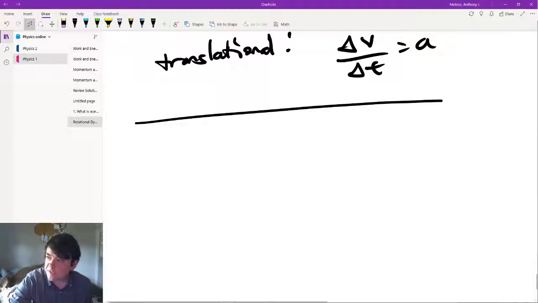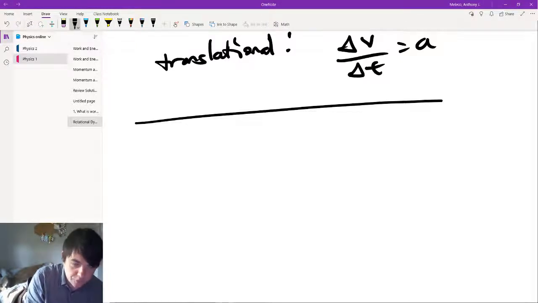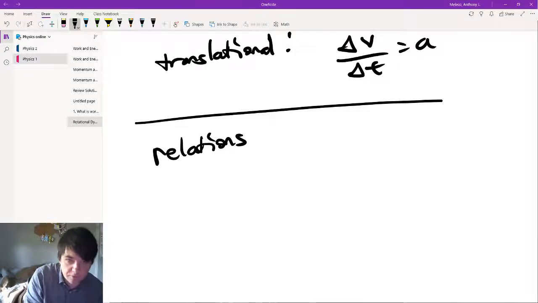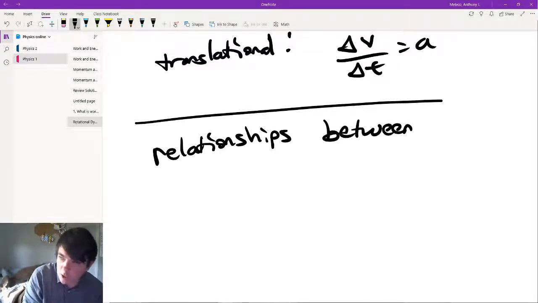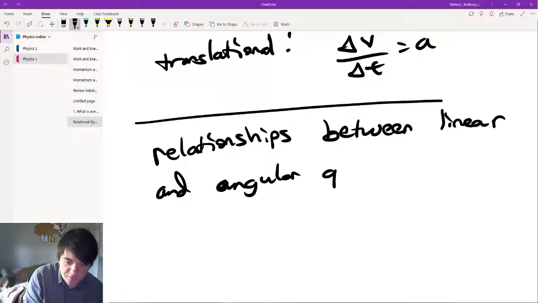There's one other thing I need to discuss before we kind of break this wide open. There's like 2 more things. And then I can give you the rotational kinematic equations, which will look familiar. Okay. But there are relationships or equations for linear and angular quantities.